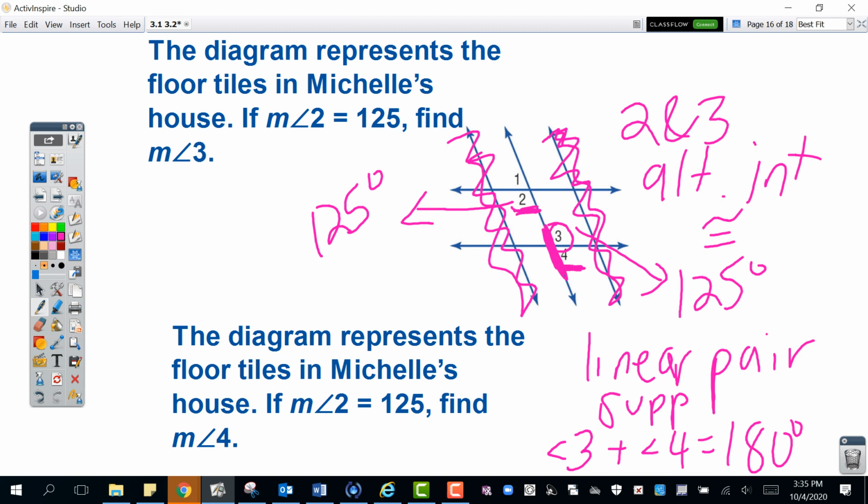All right, so if angle 3 is 125 degrees, I'm going to subtract 125 from 180, and that's going to give me 55 degrees. And therefore, the measure of angle 4 is 55 degrees. So not too bad there. Again, y'all, even if there isn't a specific relationship between the two angles, you can use the relationships we know to get to that place so you can find the measure of that angle.